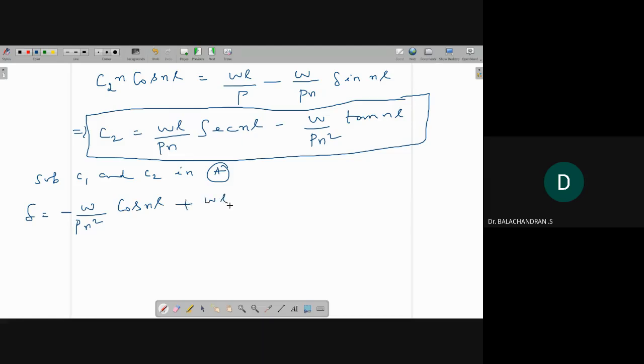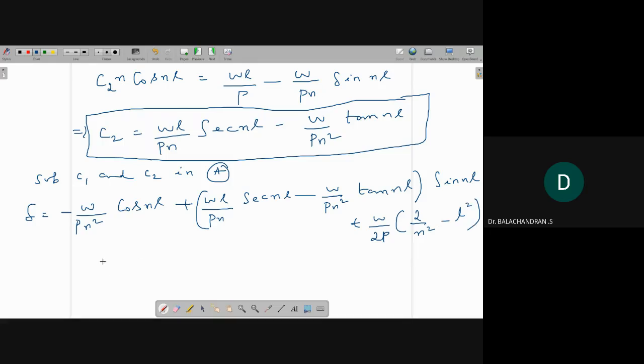C2 is what? Omega L by p n into secant nL minus omega by p n square into tan nL. This is C2 into sin nL plus omega by 2p into (2 by n square minus L square).